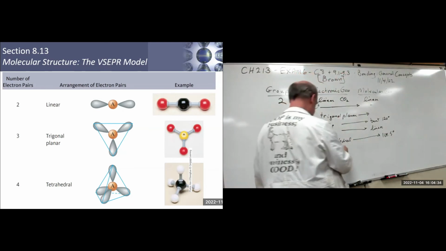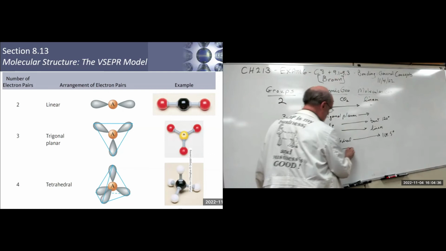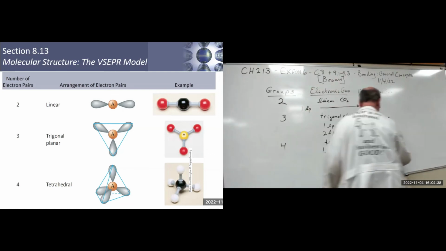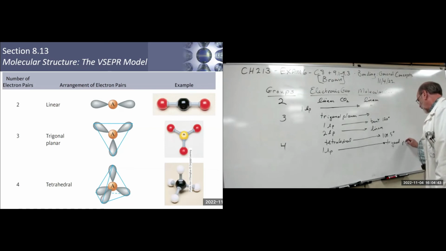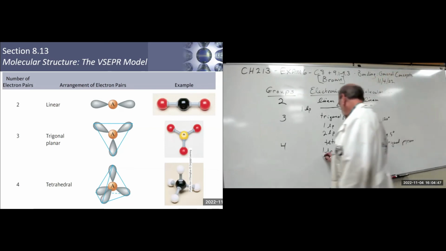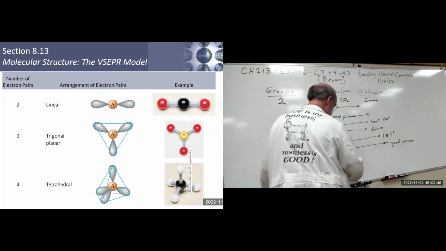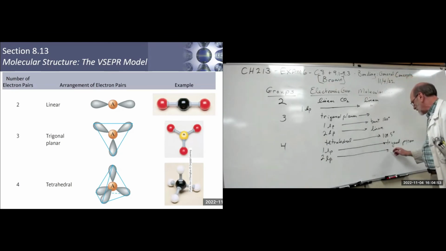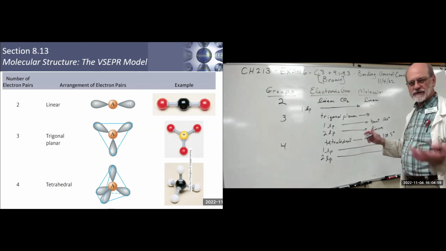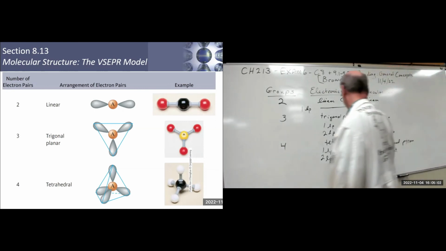So one lone pair means trigonal pyramid. If you have two lone pairs, now you have a bent molecule with the same angle. And if you have three lone pairs, it's linear, so I'm not going to put that one up there.